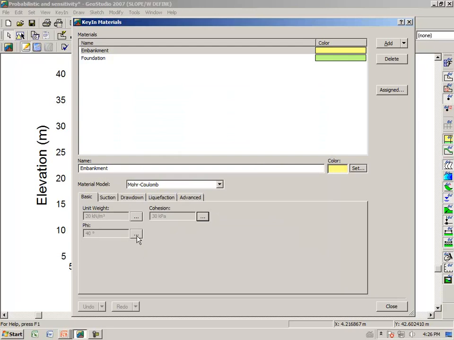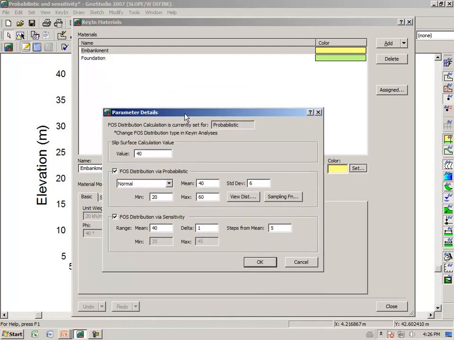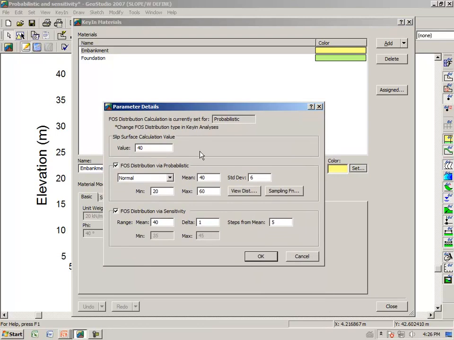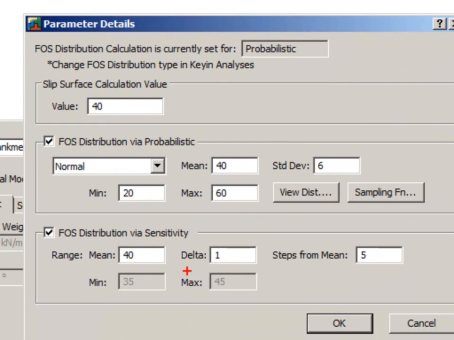We can do the same by looking at the friction angle phi. Once again, the mean is 40, which was used for the static factor of safety calculation. The minimum is 20, the maximum is 60, and we once again use a normal probability density function.